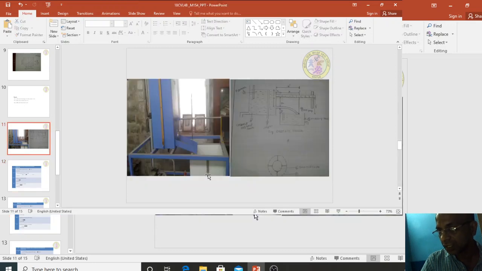You can see here there is a piezometer. For a 10 mm rise, 1 cm rise, how much time it takes, you collect it and enter it in the table, and that's how it works.